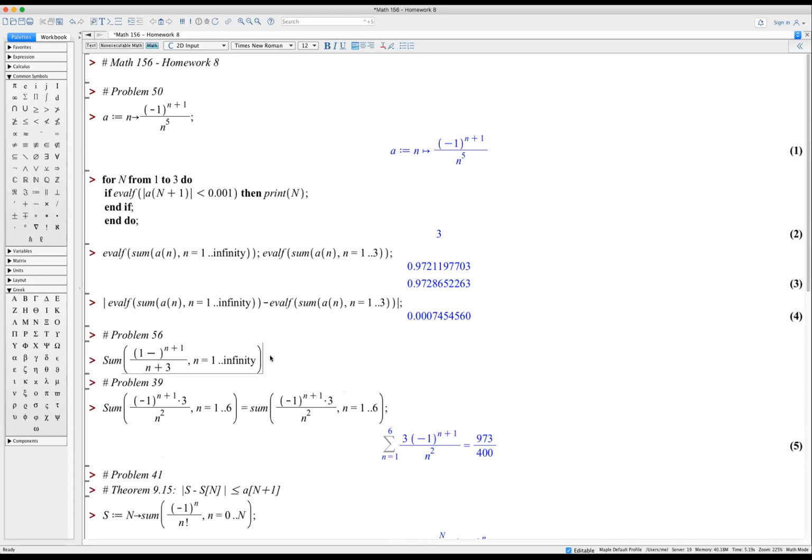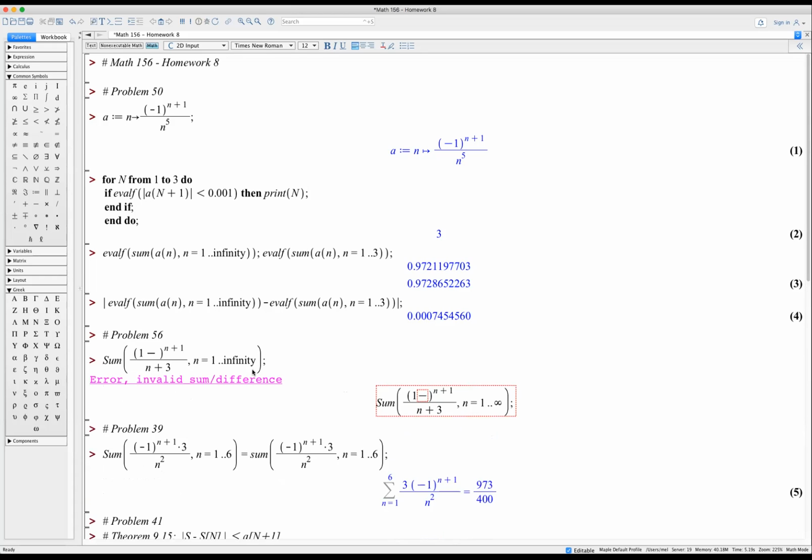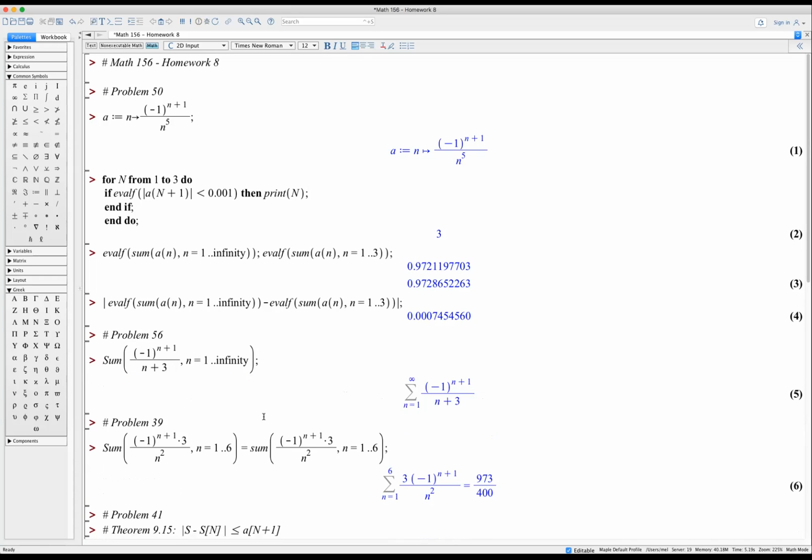And let's just see if this is right. This is supposed to be -1. So problem 56, yeah, that's what it is. But I use a capital S, so that's just telling me what the problem is. If I change the capital S to a lowercase s, it tells me this alternating series converges to this number, right?